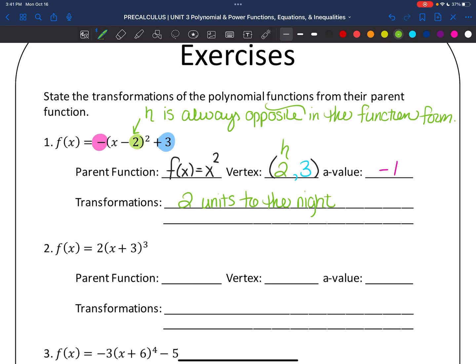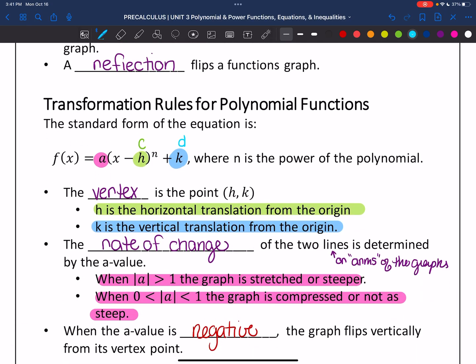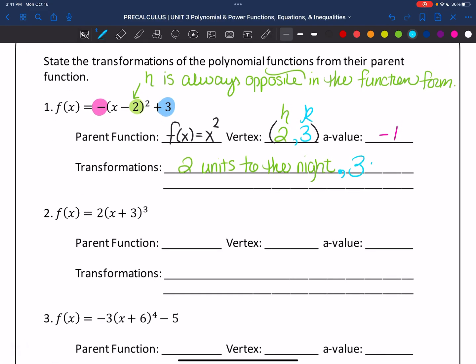That's the first part. Then, because of our k value of 3, that k value is the vertical translation or shifting. It's going to move 3 units up.